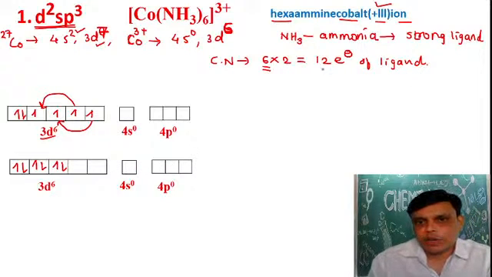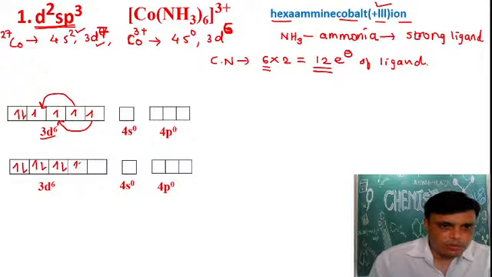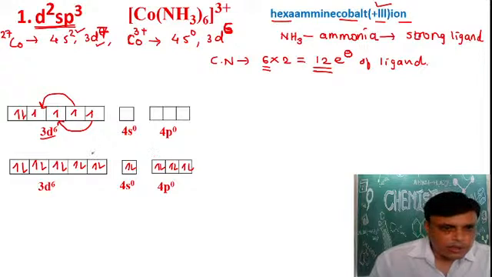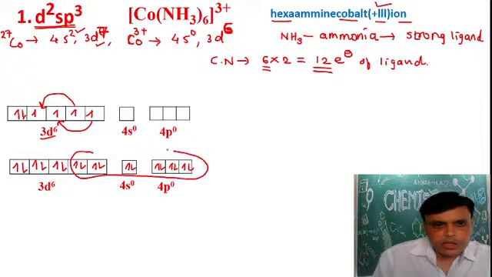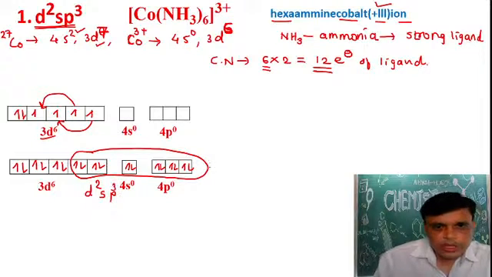So we have 12 electrons, and 12 electrons we have to fill in 6 orbitals. So I will write here 1 2 3 4 5 6 7 8 9 10 11 12. So these orbitals undergo hybridization and will give you 2 d orbitals, so d2, 1 s orbital, so s, and 3 p orbitals, so p3, so d2sp3 hybridization.